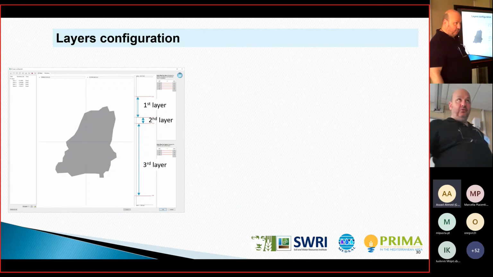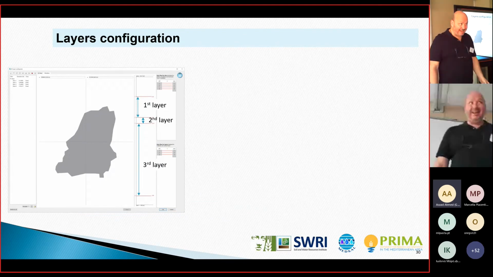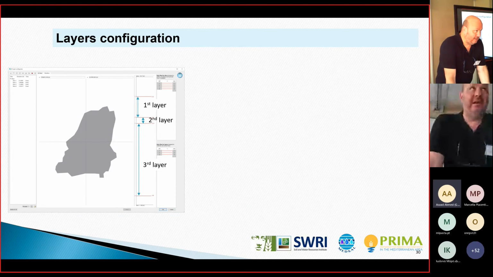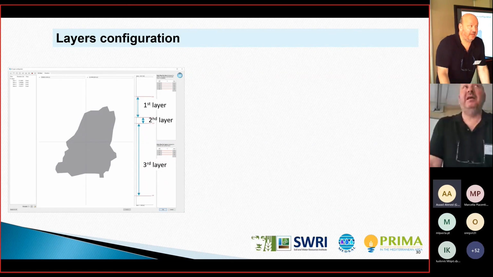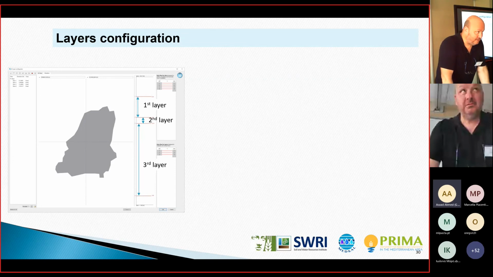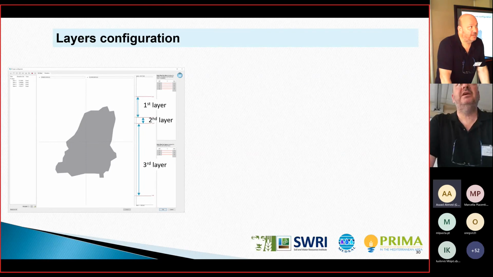Here we can see the configuration of the layers in the model. We have the first layer, which is the unconfined layer at the top, 35 meters. We have the second layer, the intermediate, semi-impermeable layer, which is 10 meters constant. We have the third layer, which is the confined aquifer, which hosts the key groundwater reserves.